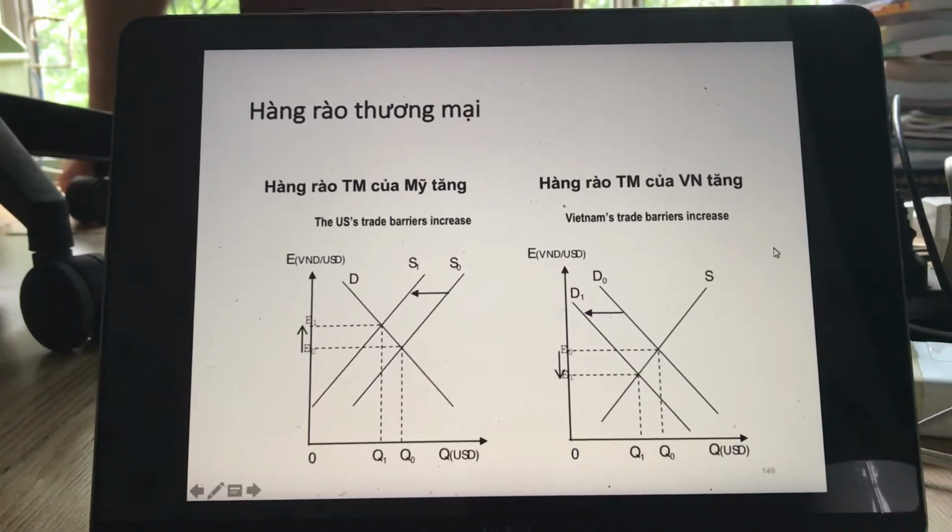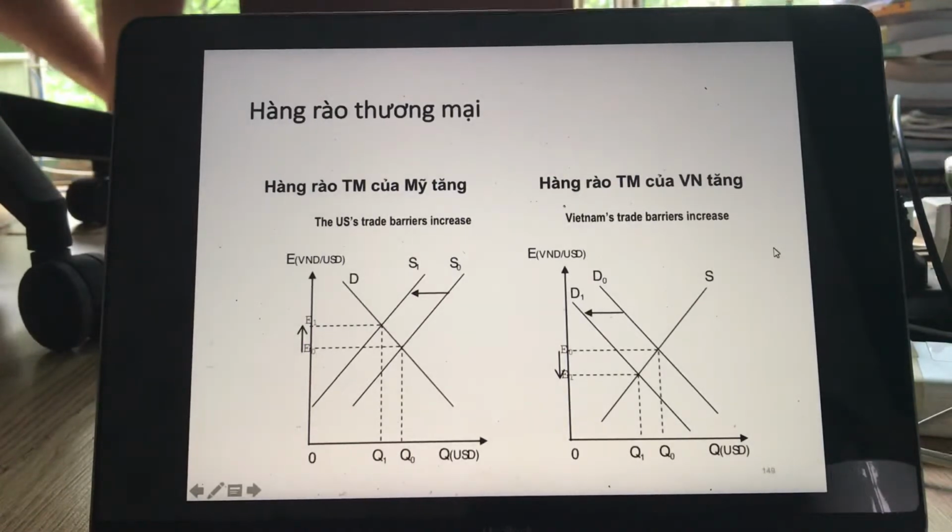In the second scenario, the trade barriers in Vietnam increase. In other words, we impose the trade barrier. We raise the tax rate, or we impose a quota, or we set some technical barriers, and that affects the flow of imports.